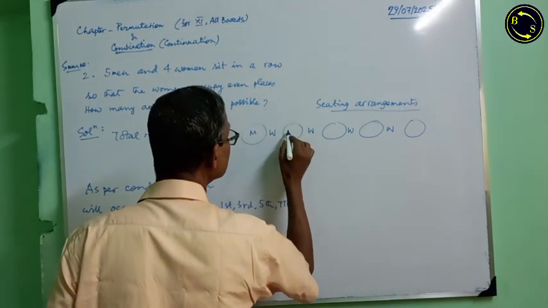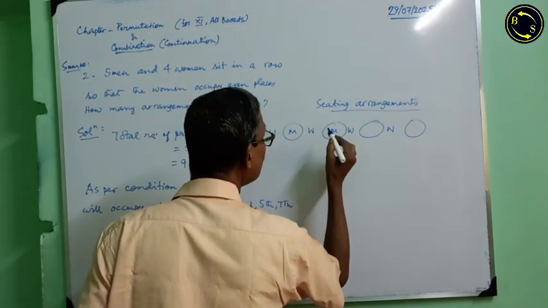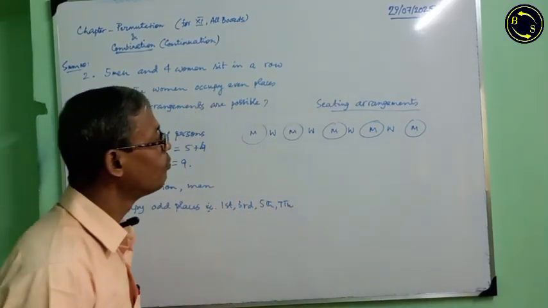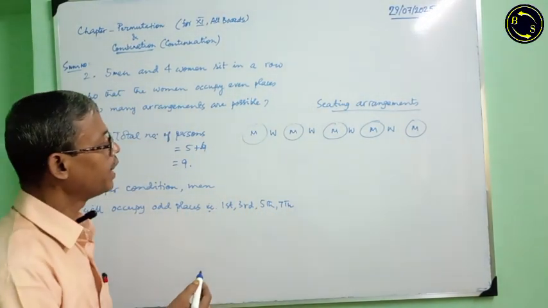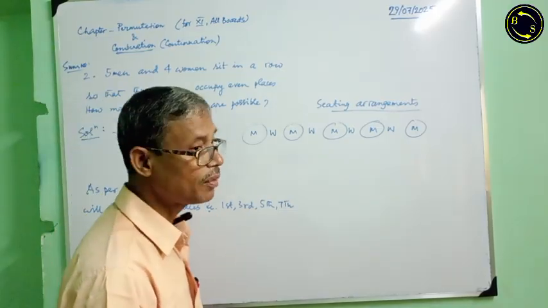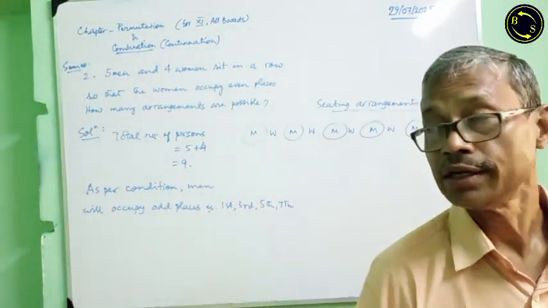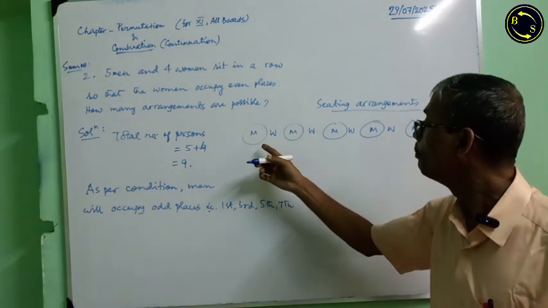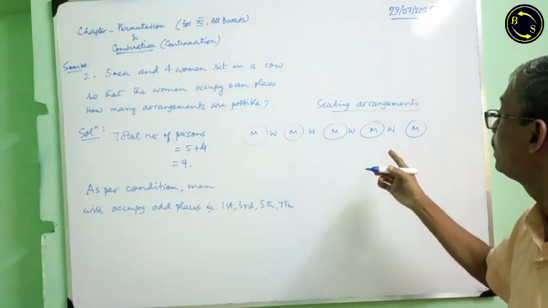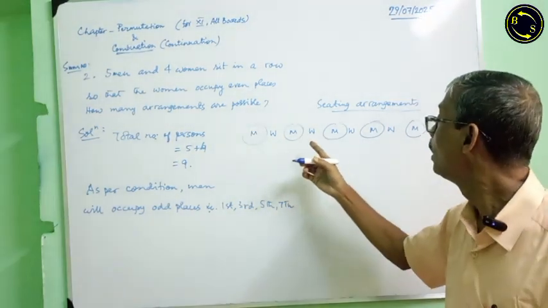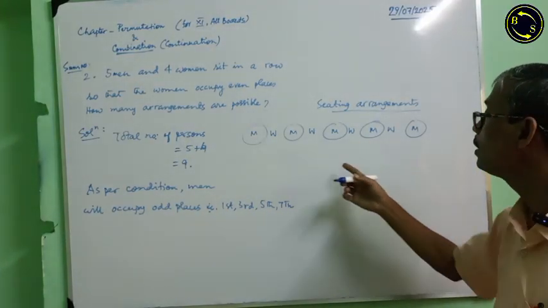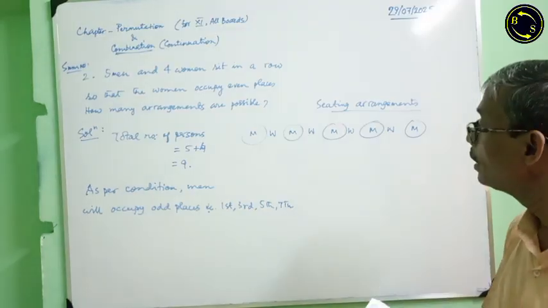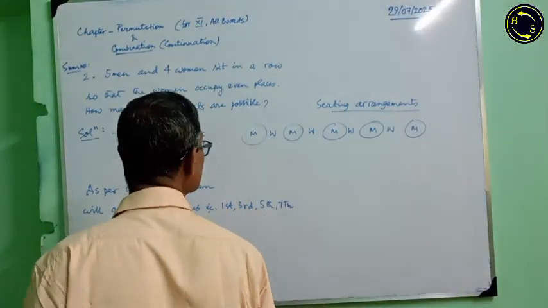I mark like this. I have encircled the positions of the men. When men occupy odd places, how many even places are there? 1, 2, 3, 4, in between two successive men.